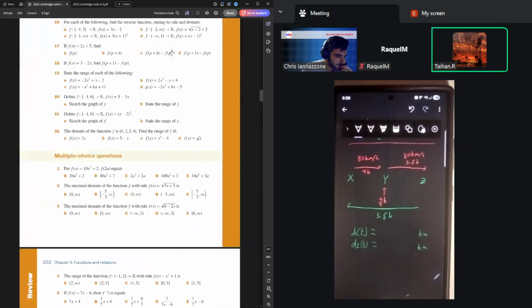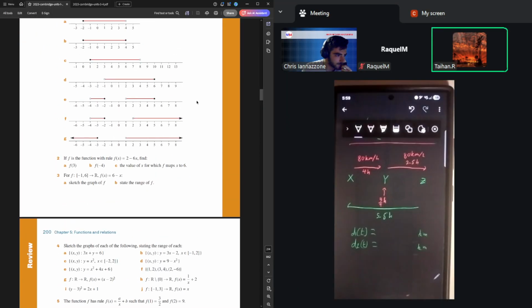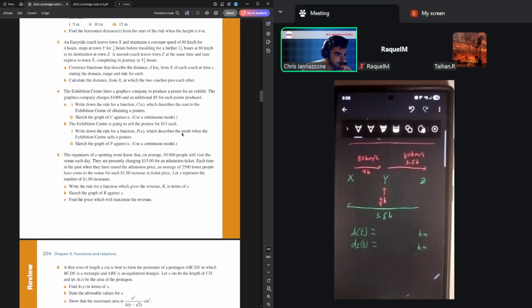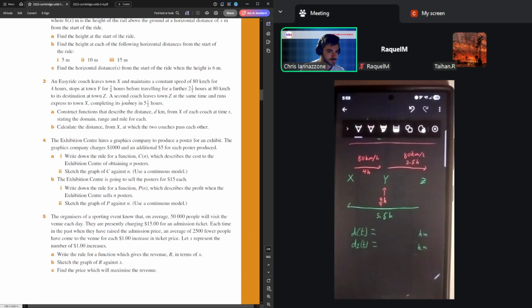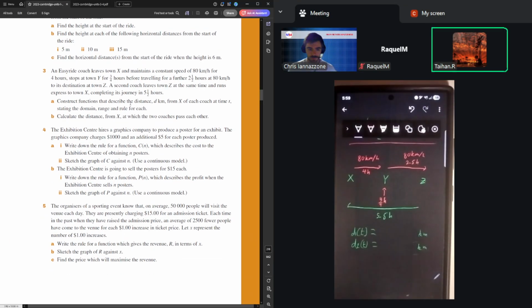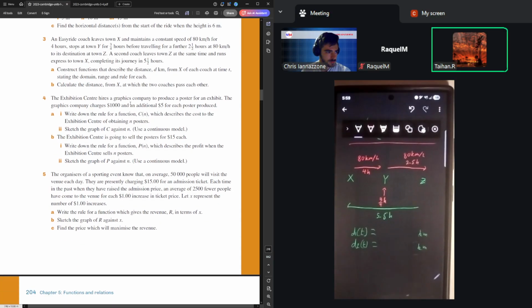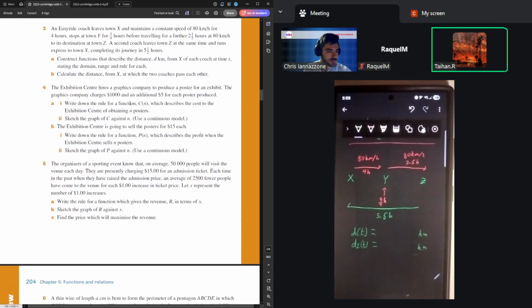Would this be a piecewise because there are two coaches traveling at the same time, one going away from X and one coming towards X? It's not a piecewise because there are two coaches involved.